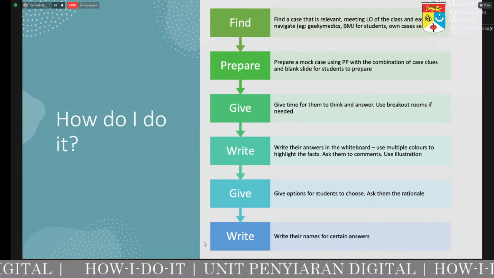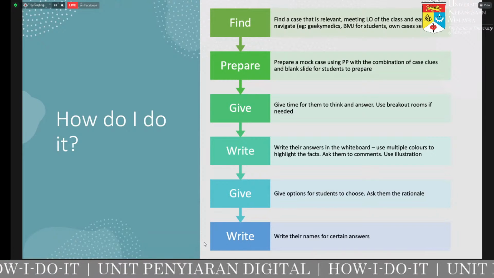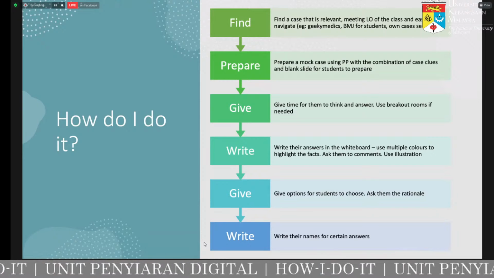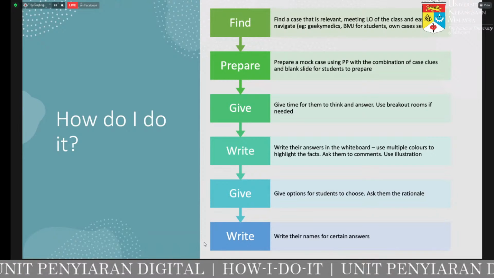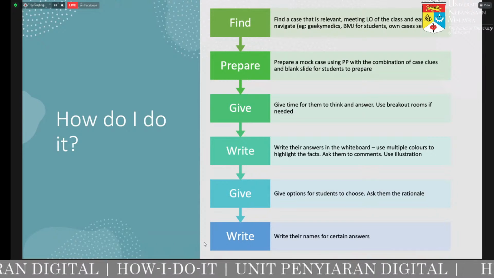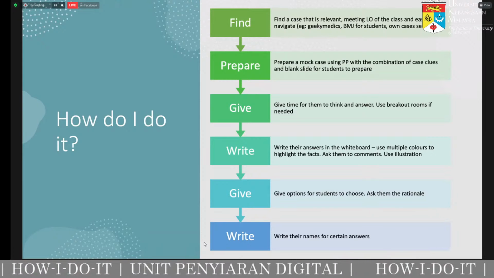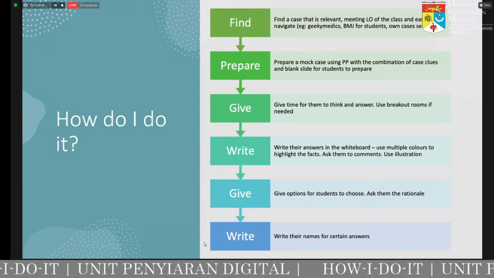You can start the session with Kahoot for maybe one or two minutes to get them started. Like I mentioned, with the free-of-charge apps, only a few things can be tweaked. So start with Kahoot, then the case study, then put a gap in between.